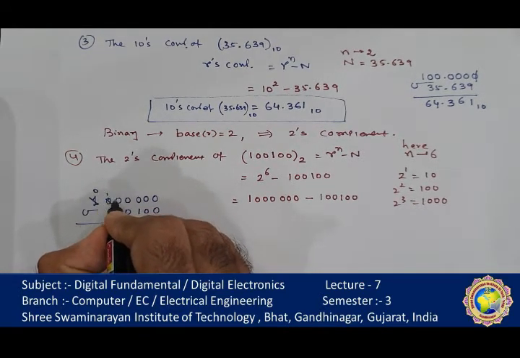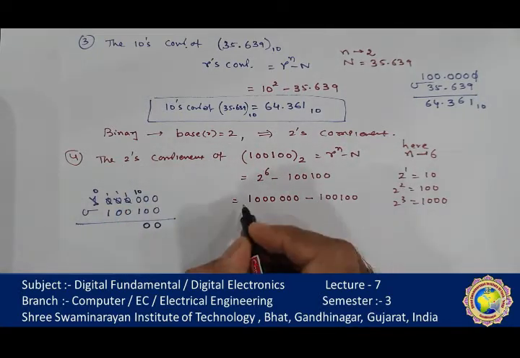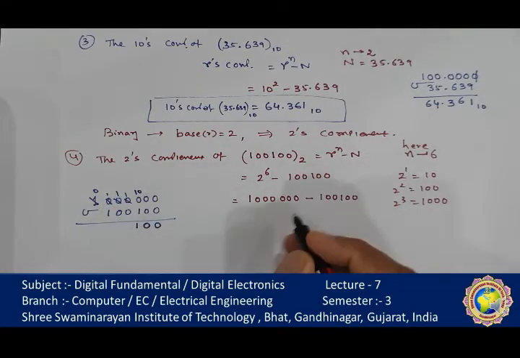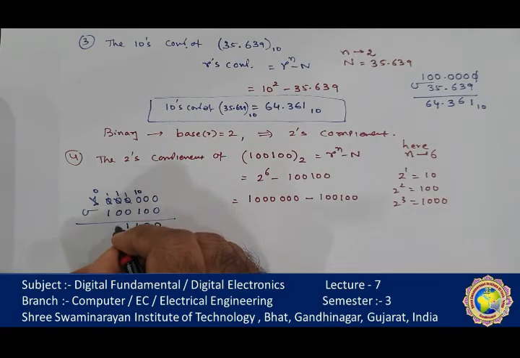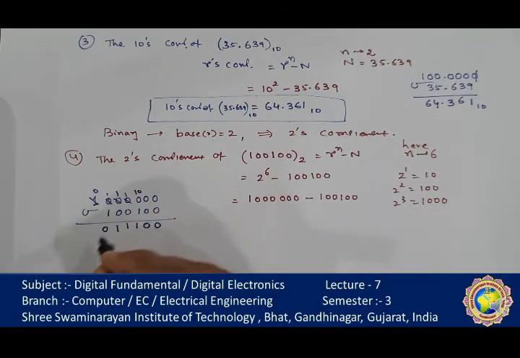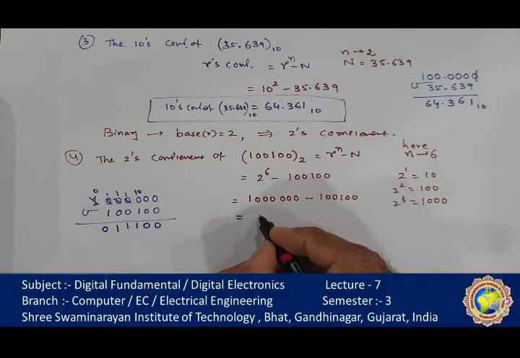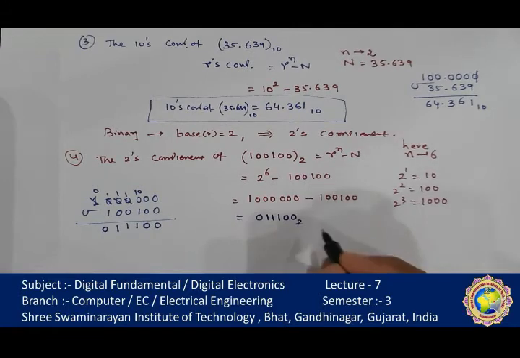Remaining all are replaced by 1. At the present bit, the current bit is 10. 10 minus 1, we already taken borrow, so the difference is 1. 1 minus 0, 1. 1 minus 0, 1. 1 minus 1, 0. Okay, so the answer will become 011100 in binary.